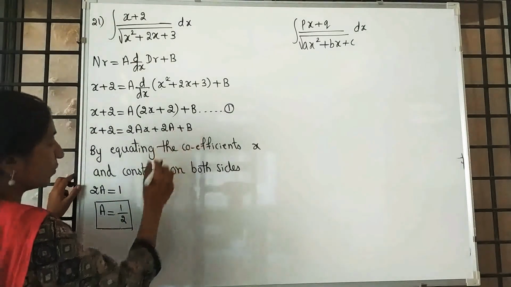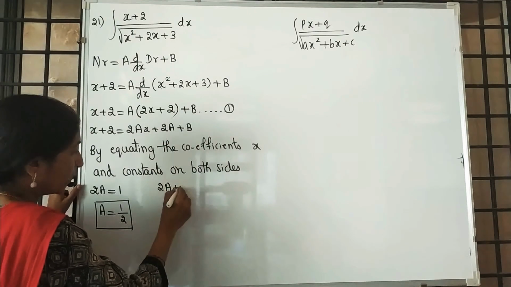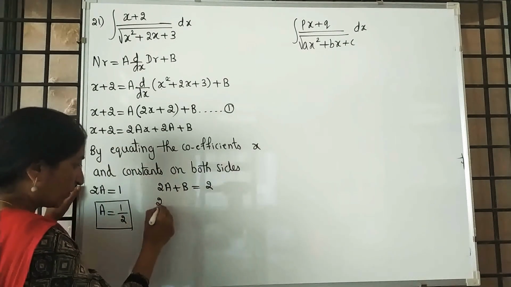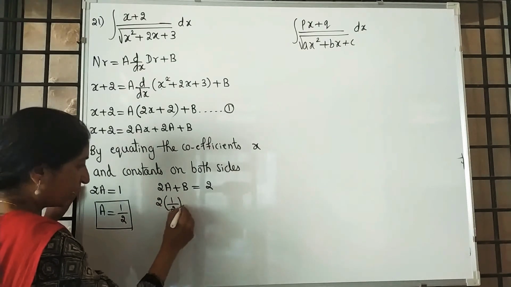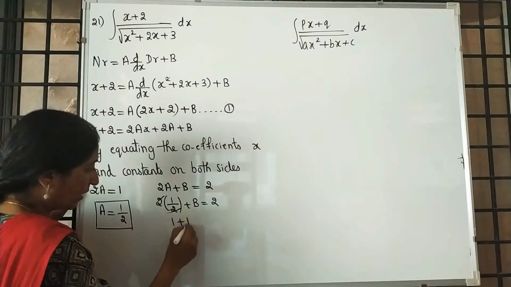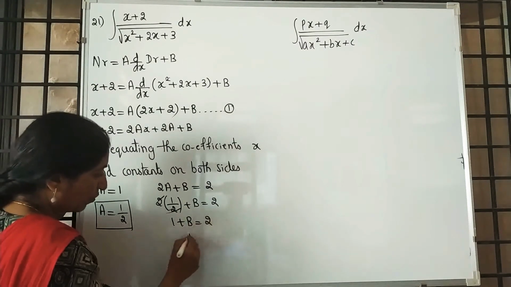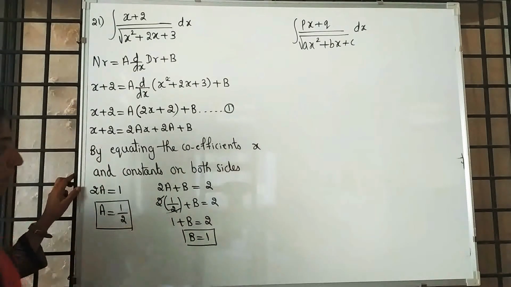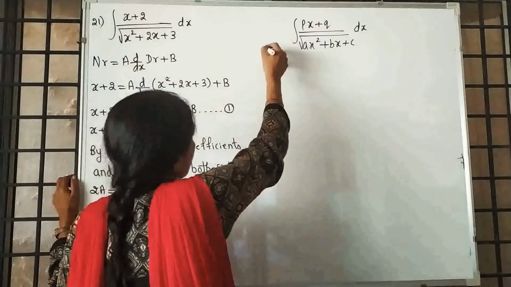Then the term without x, 2a plus b, here without x is 2. A already we calculated, write down that value. 2a becomes 1, 1 plus b is equal to 2, so b is equal to 1. Now write down this value in equation 1.